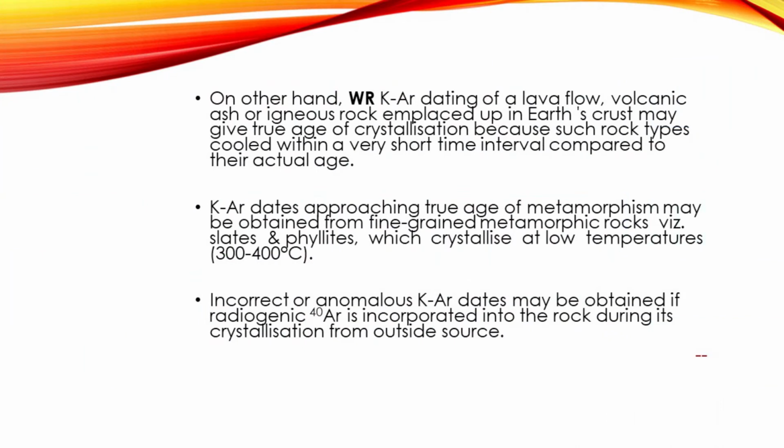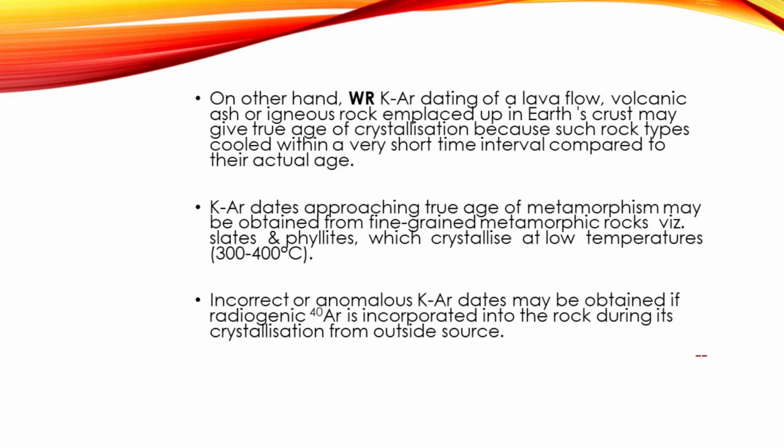On the other hand, the whole rock potassium-argon dating of a lava flow or volcanic ash or a small body of igneous rock in place at a higher level in Earth's crust may give the true age of crystallization, because such rock types cooled within a very short time interval compared to their actual age.